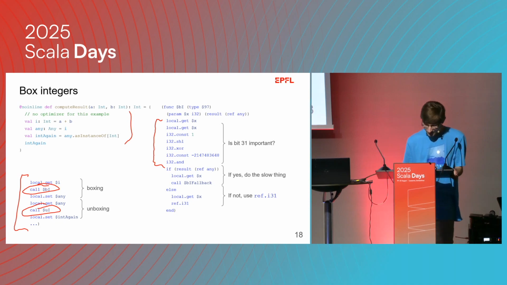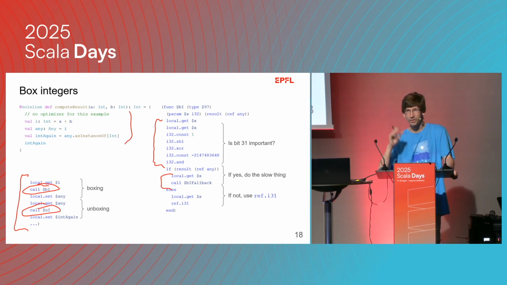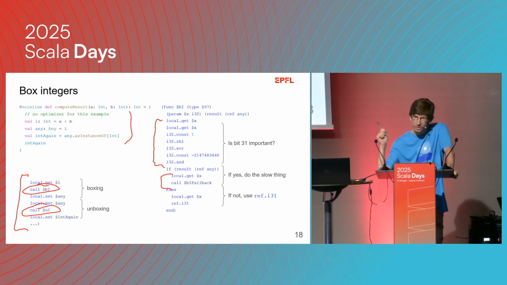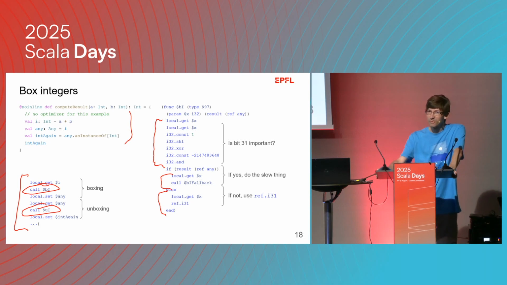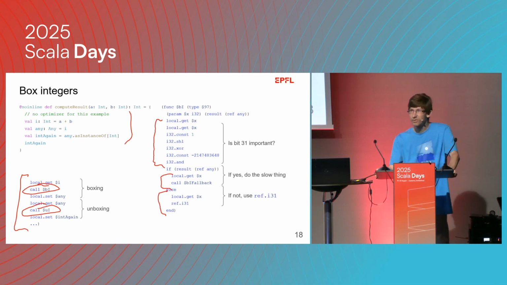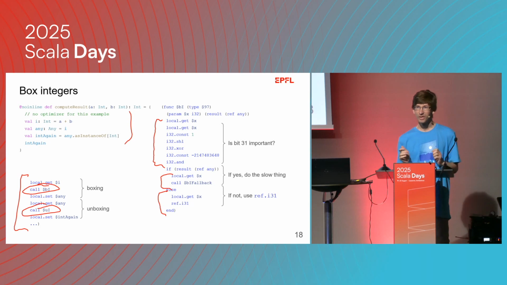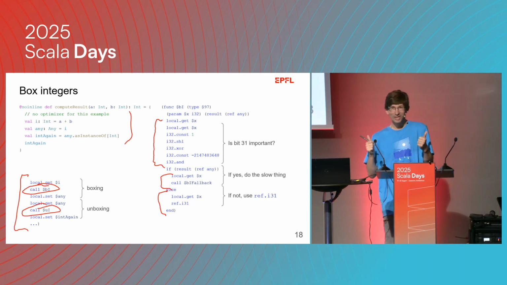If it is important, then we are going to call the JS helper, which actually goes to the JS boundary and back to give us an anyref. But if the higher order bit is not all that important, then instead I'm going to use the WASM magic ref.i31 thing here. So I'm going to put a 31-bit integer into an anyref directly from the WebAssembly code. And it turns out that the spec is nice to us.